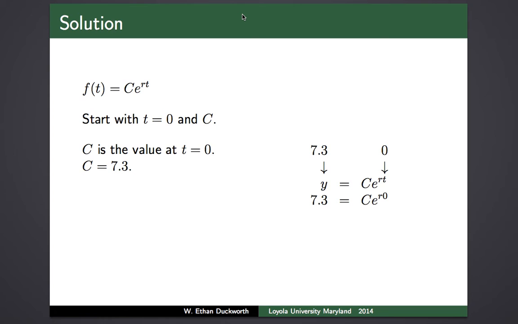And then on the right-hand side, you can simplify. e to the r times 0 comes out to just equal 1. And so, of course, you still get the same thing we had a second ago: c equals 7.3. But that second approach looks a little longer, and of course maybe you could skip some of those steps. But the same steps do show up when we do the second part of the problem.